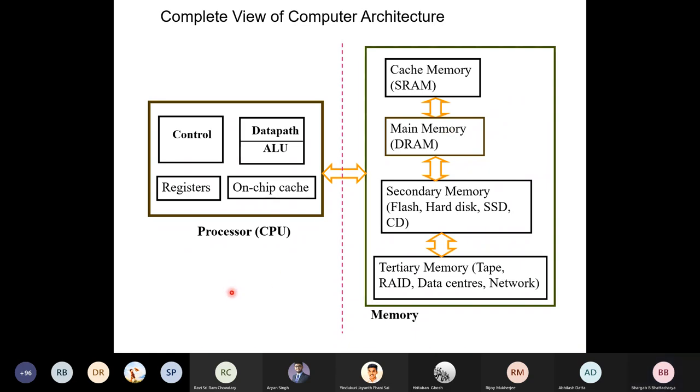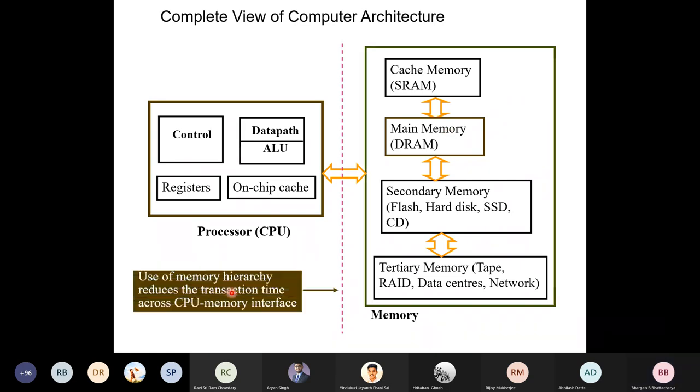All right. The purpose of memory hierarchy is to expedite, is to reduce the transaction time across the CPU memory interface. Now we demonstrate in next few slides what kind of transactions are needed across this CPU memory interface.